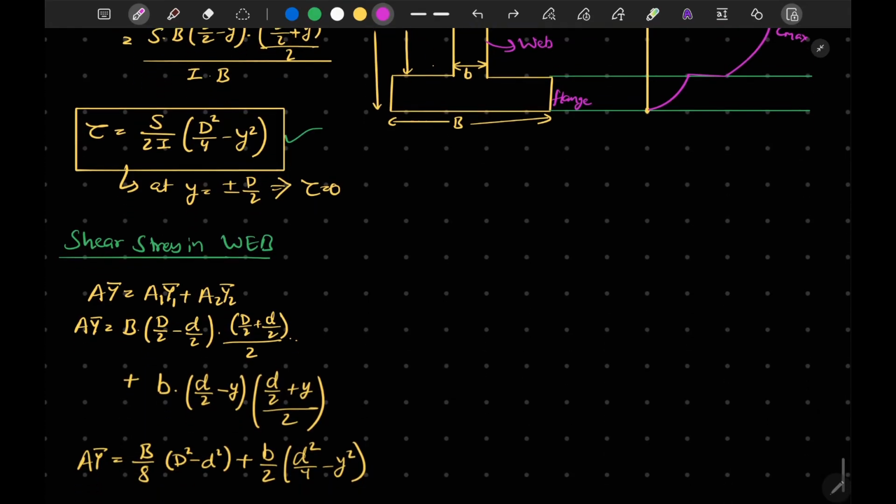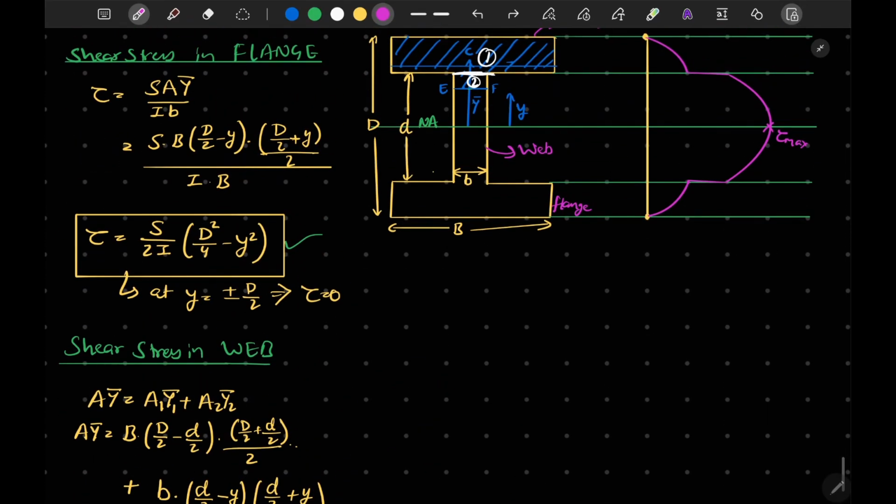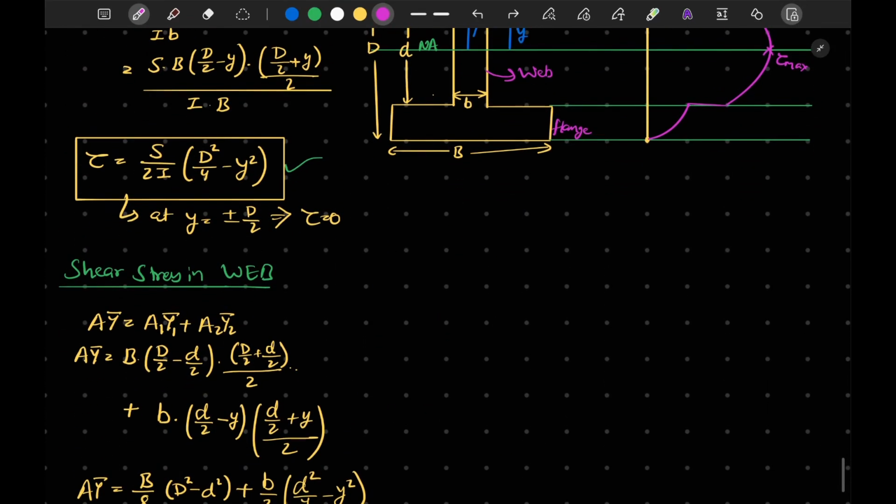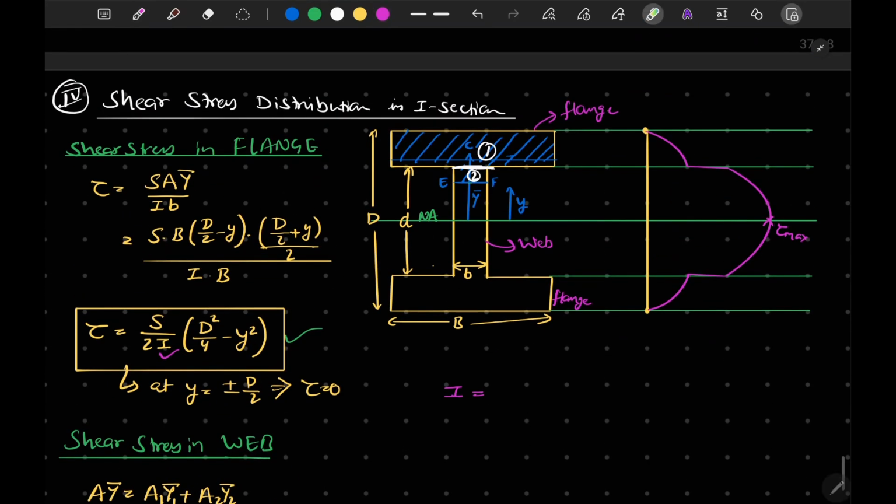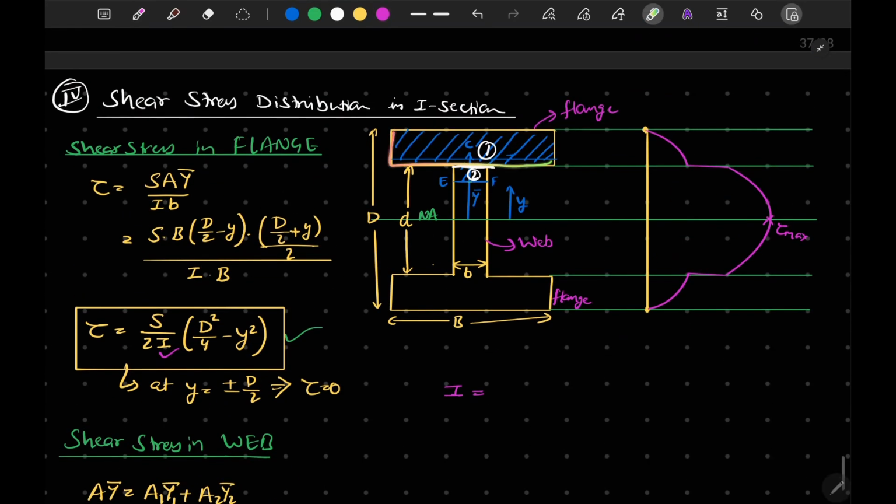Okay, now like I mentioned earlier, how to calculate the value of I. We have written all in terms of I. So if I want to calculate the value of I, let's consider this diagram. We can see that there are three parts: two flanges and one web.